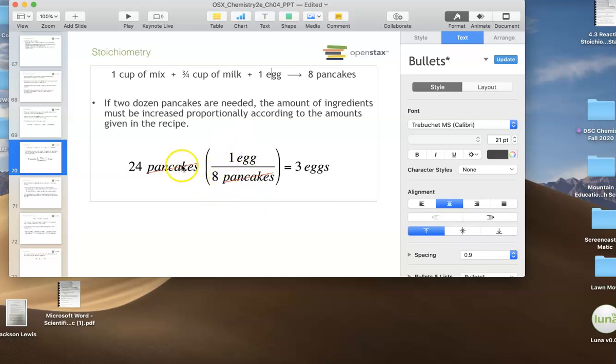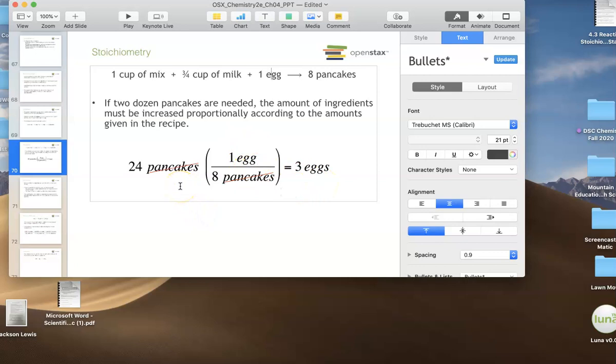The reason is because of my units. Unit cancellation, which is what we've been going through from the beginning, is very important because this process is the same. I need pancakes at the bottom in order for the pancakes unit here to cancel out, and I'm left with the unit for eggs.